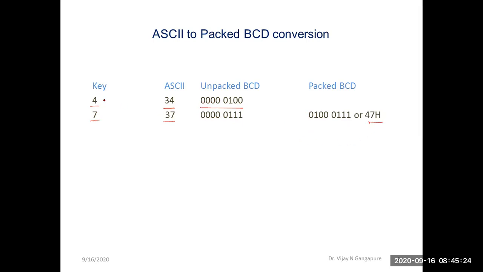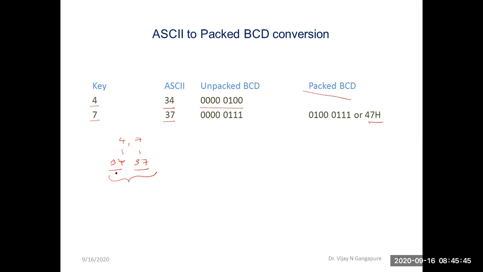If the 4 and 7 keys are pressed, the ASCII code of 4 is 34 and the ASCII code of 7 is 37, so we have got 34 and 37. We have to convert these ASCII codes to packed BCD.